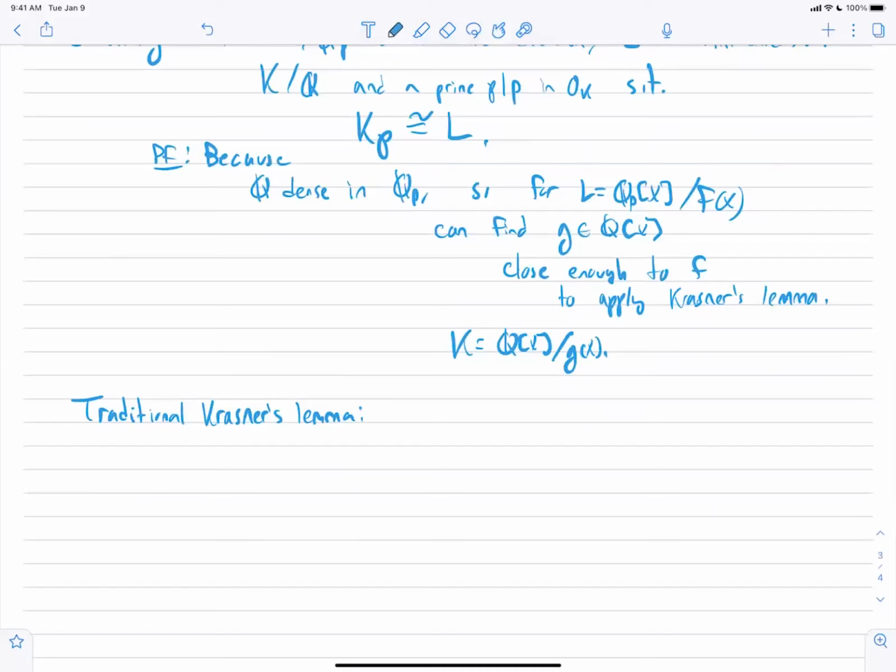So this says: K non-Archimedean, K bar an algebraic closure.